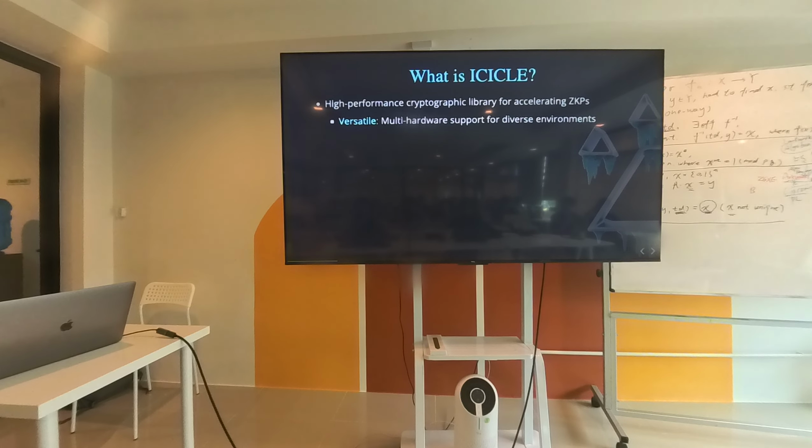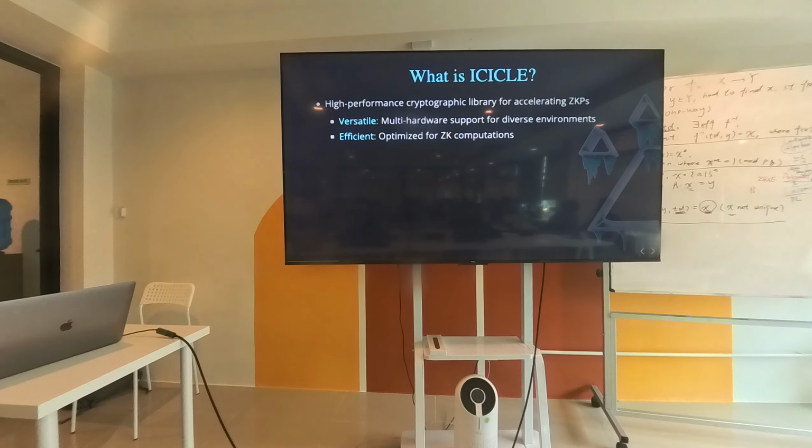The objectives, or what we try to achieve: the first point is versatility, which means we want to be able to support multiple hardware backends, not just GPU. We also want to support, let's say, WebGPU or the Metal GPU on Macs, more so because client-side proving is becoming much more relevant these days.